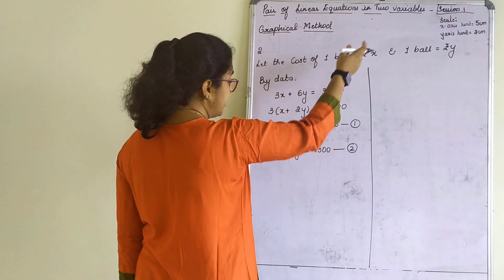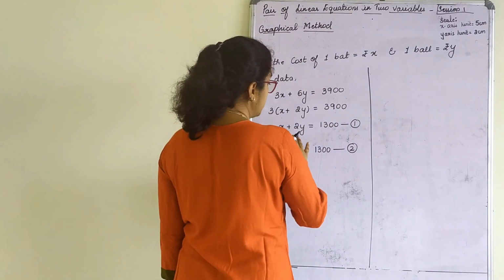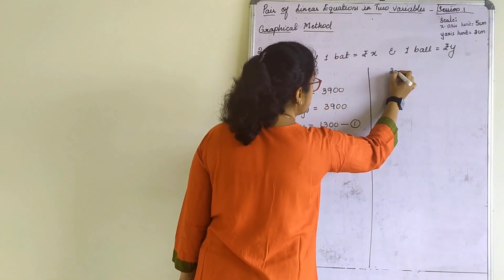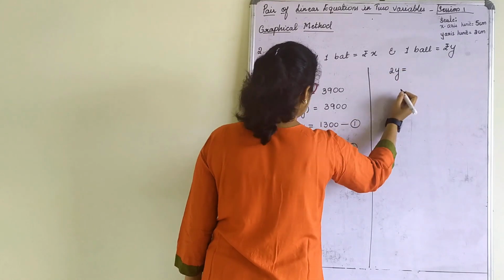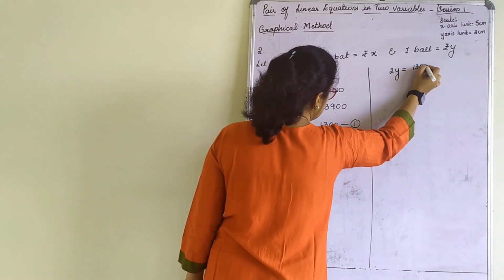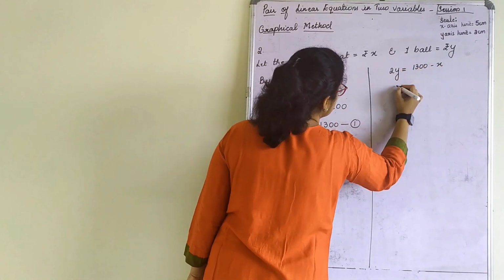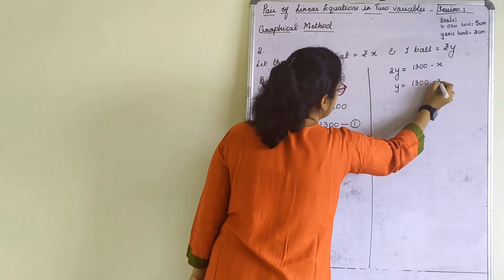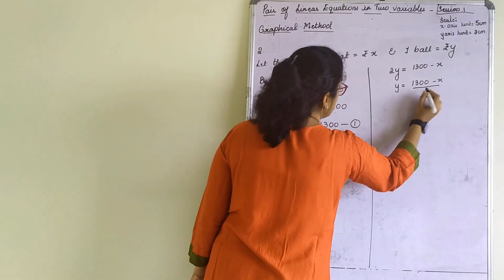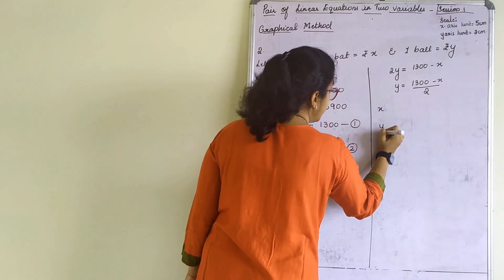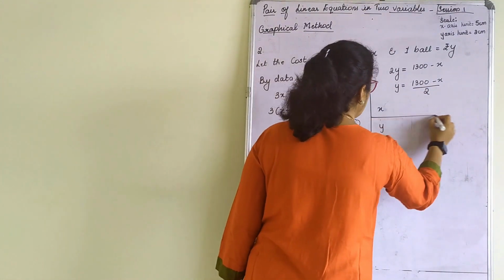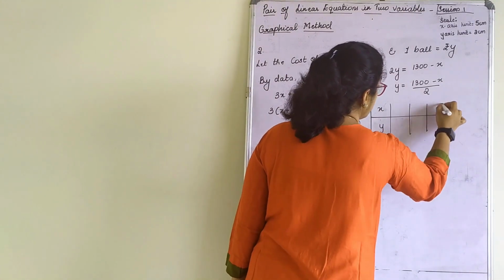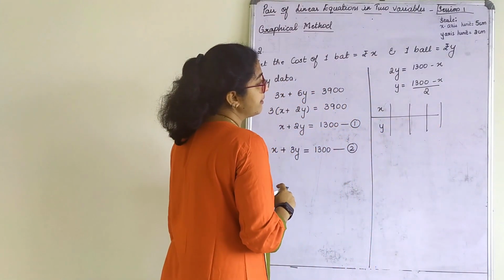For that equation, I just draw a line and put the equation here. For the first one, this can be written as 2y is equal to 1300 minus x. Therefore y is equal to (1300 minus x) divided by 2. I'll give you the tabular column values for x and y, so it's your duty to plot the graph.